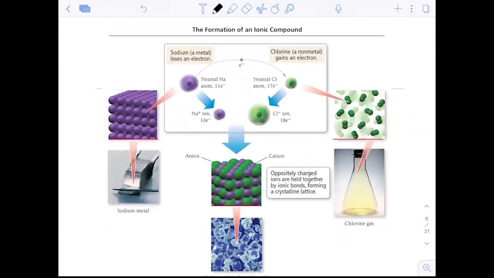So here's just a nice representation of what happens to make an ionic compound. I like this picture in your textbook. Again, it shows the idea that we have sodium metal and chlorine gas, which are very, very different. Sodium metal is very shiny. It has to be stored under oil so that it doesn't explode and react with the water or moisture in the air. Chlorine gas is this yellow poisonous gas, very dangerous.